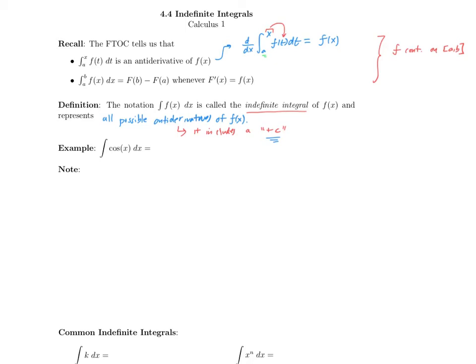Instead, we're taking this old idea of antidifferentiation, or really the most general possible antiderivative, and we're giving it more convenient, useful notation. For example, if we would like to know the indefinite integral of cosine, we would like to know all possible antiderivatives. So we pick one, sine, and we simply include a plus c with it.